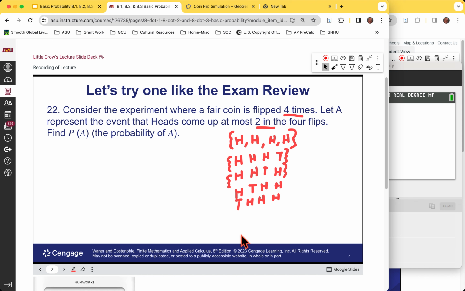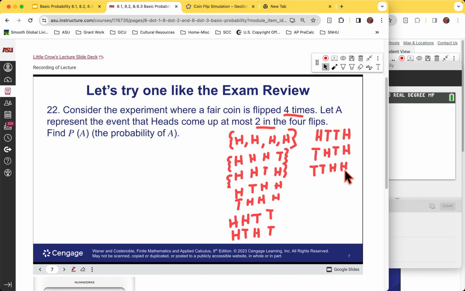So then we go through, let's see, I could have a heads, heads, tails, tails. I could have a heads, tails, heads, tails. I could have a heads, tails, tails, heads. And I could have a tails, heads, tails, heads, and a tails, tails, heads, heads.